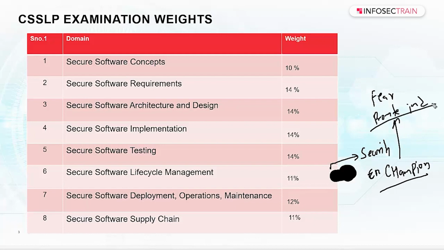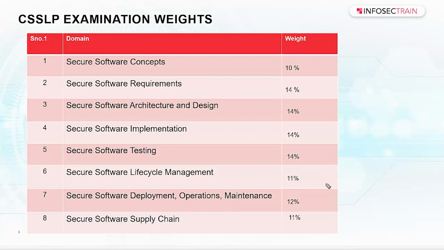For example, I am a CSSLP. My passion is to teach information security. One day I join one organization where I work part-time as a security champion, where I'm mentoring my developers. I make them understand why we need to secure our application instead of creating fear. So the security champion is that person. What are the important parameters to consider for a security champion? That is part of the CSSLP. That is the last part of Domain 6.